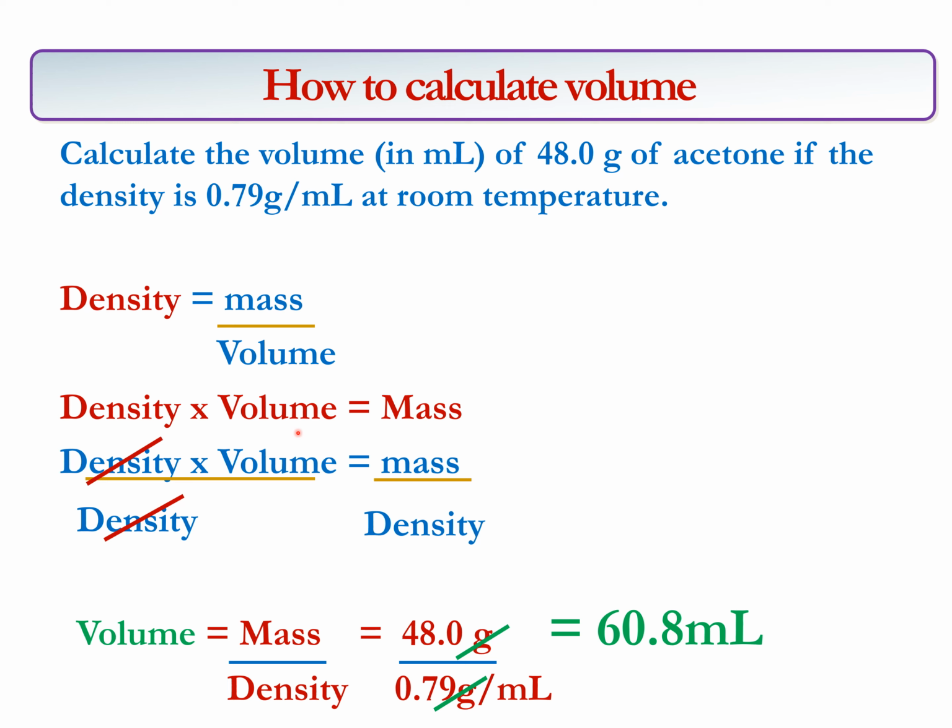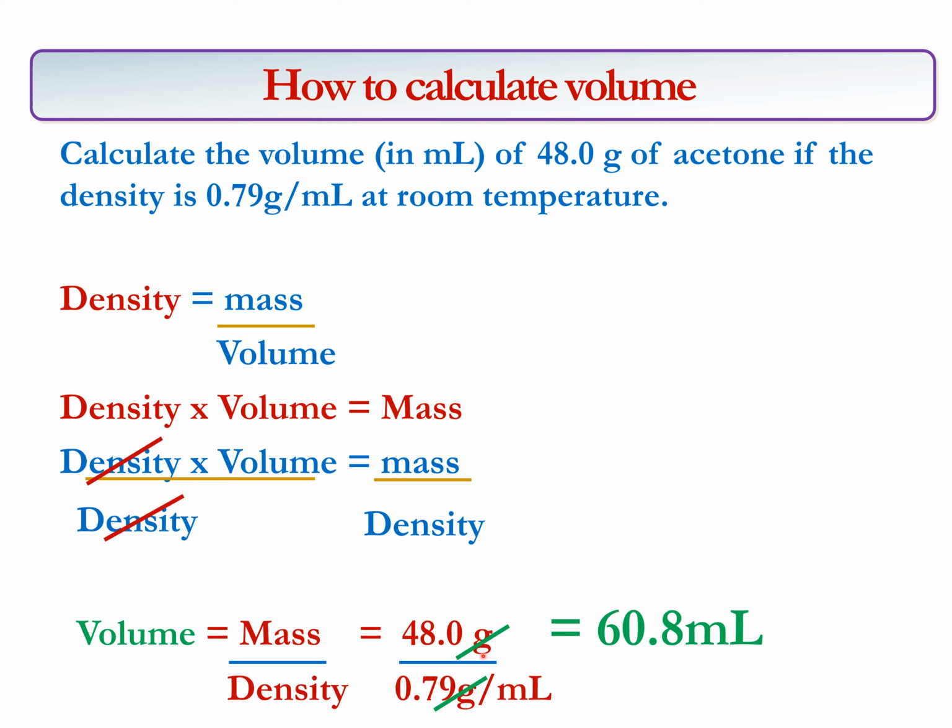And to do this, we divide both sides of the equation by density. So if we do that, this density will cancel this density, and volume is then equal to mass divided by density. So once we have this, we can then put in the values that we are given in the formula.